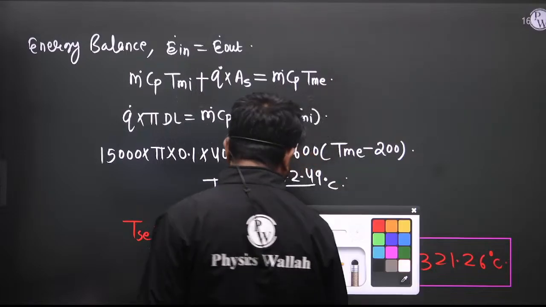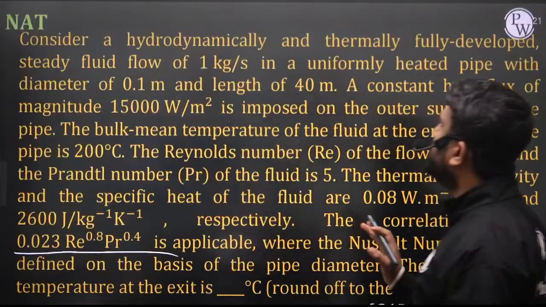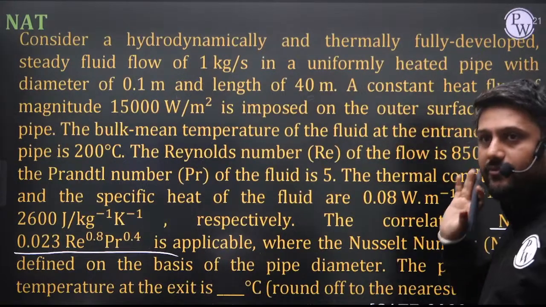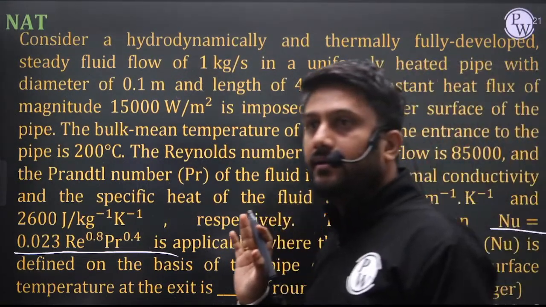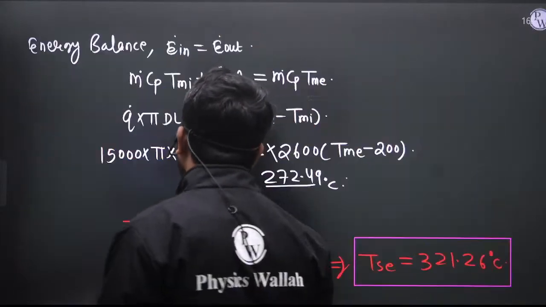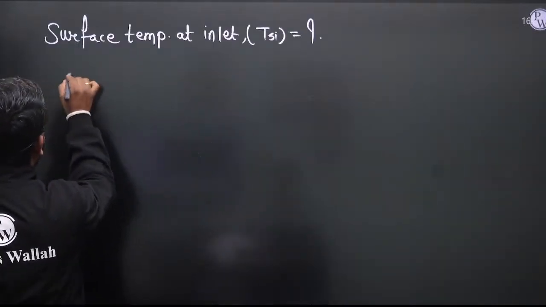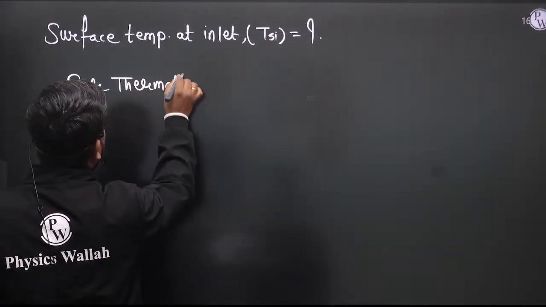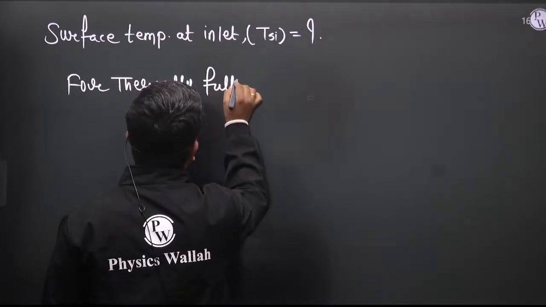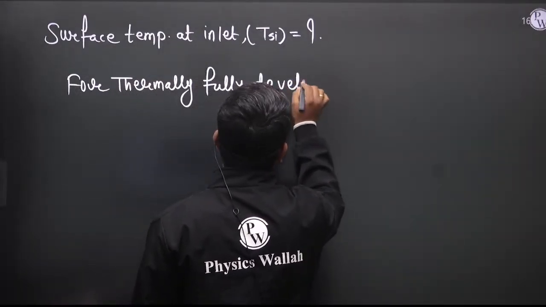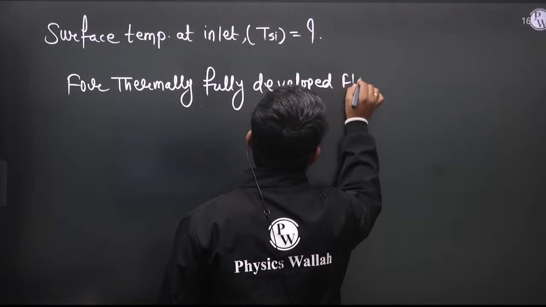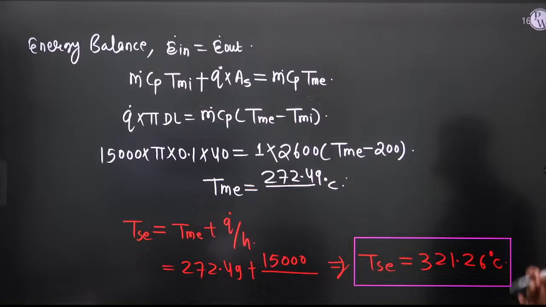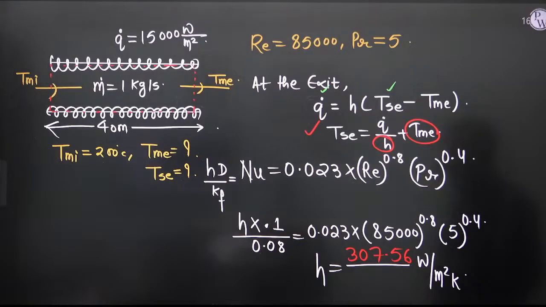In the question it is clearly mentioned, this is the problem of hydrodynamically and thermally fully developed flow. So for thermally fully developed flow, there is one method to calculate the TSI.